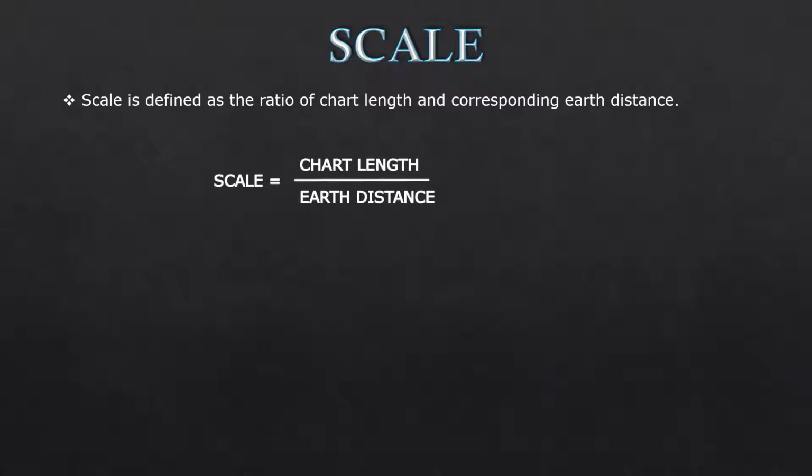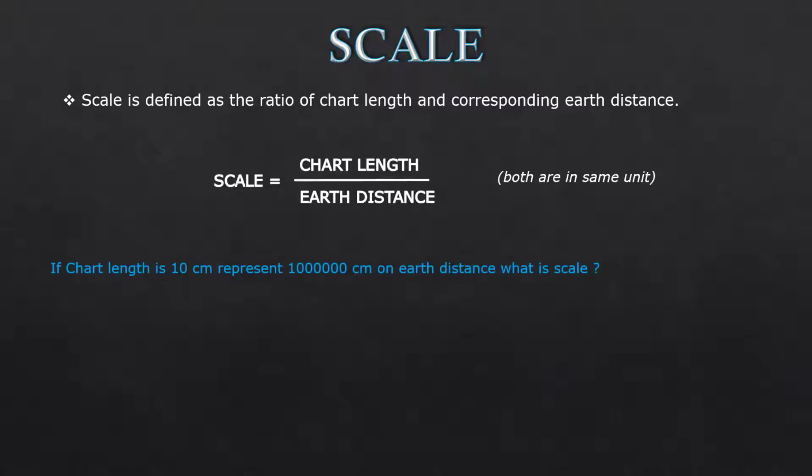A scale equals chart distance divided by Earth distance, and both units must be the same. If chart distance is in centimeter, then the Earth distance must be in centimeter too. For example, if chart length is 10 centimeter representing 1 million centimeter of Earth distance, what is the scale?